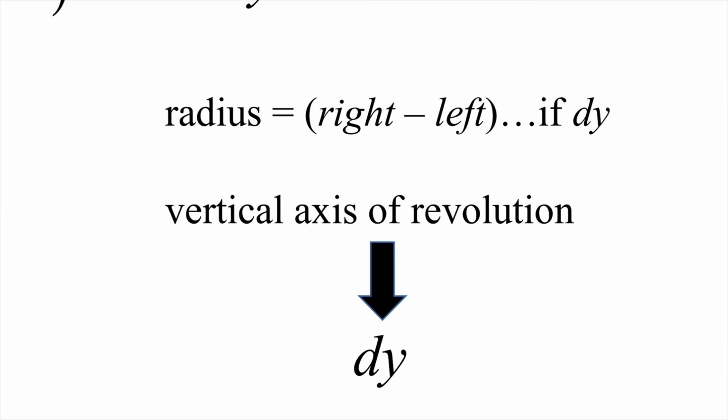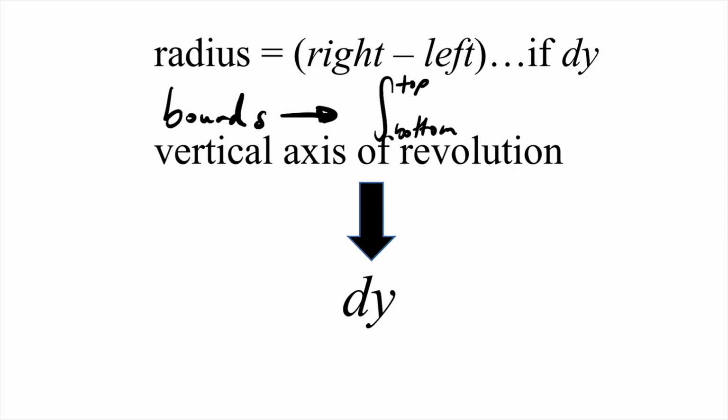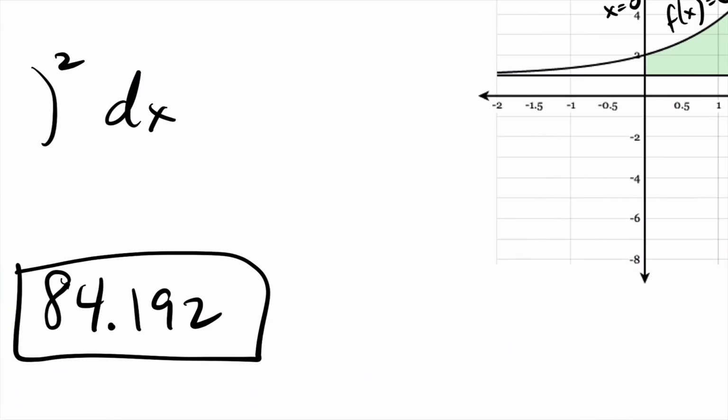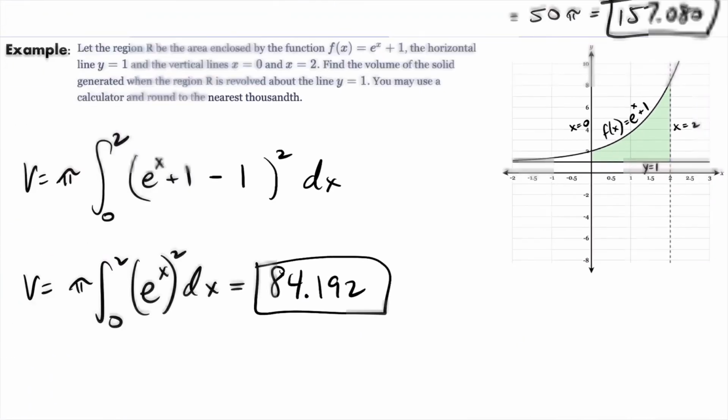Bounds are bottom to top or top to bottom, however you want to look at it. But radius is right to left.